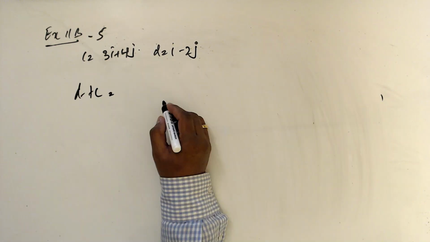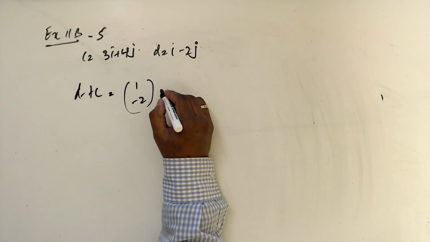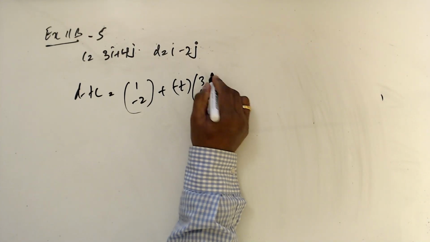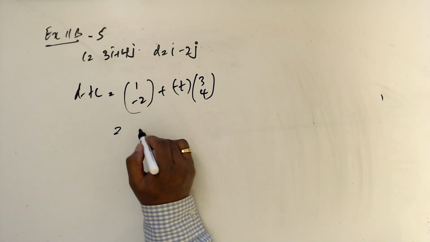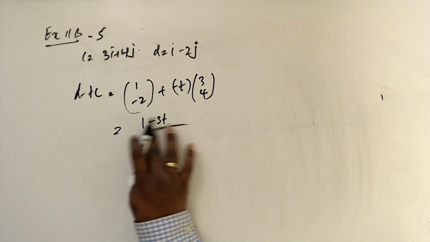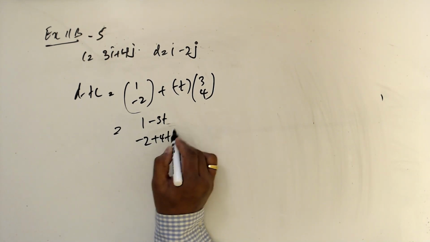D minus t c. D is 1, minus 2, minus t times c, which is 3, 4. So this is 1 minus 3t, minus 2 plus 4t.